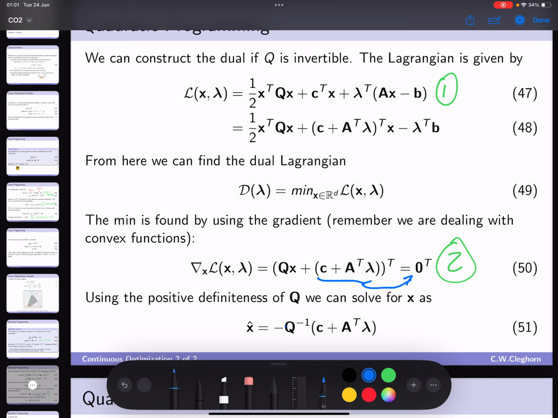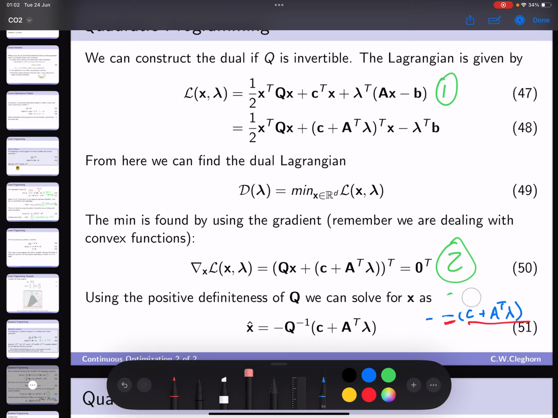And so you get the negative of that term, and then lastly, we just need to invert, so we end up with Qx is equal to negative (c plus A transposed lambda), and then on both sides, we're just going to write Q inverse. That drops away, and so you're left with just x over here is equal to the negative Q inverse times (c plus A transposed lambda) over there.